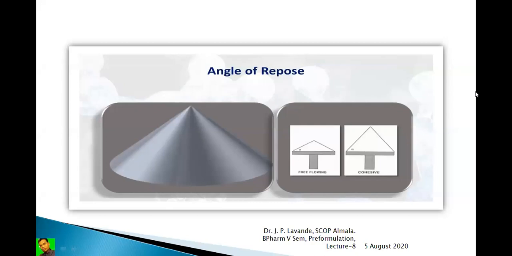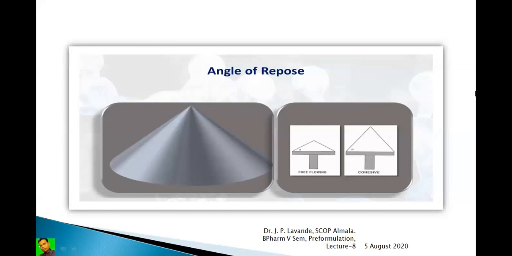It is not possible with just 1 gram or 2 gram or 10 gram; we need at least 100 gram of the powdered material. In our lab, we take a tripod stand and a funnel, maintain a particular height, place the powder into the funnel, and allow the powder to flow through the funnel.